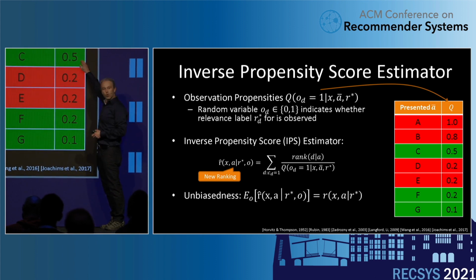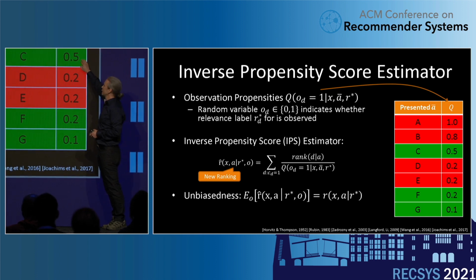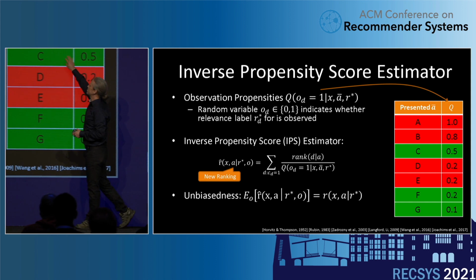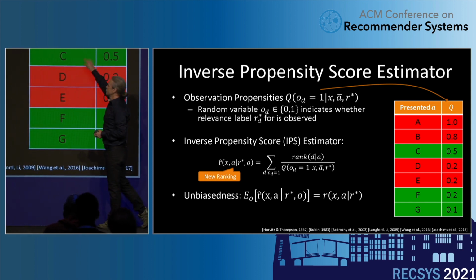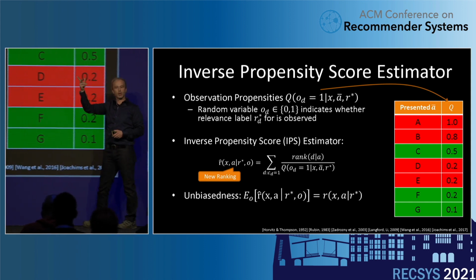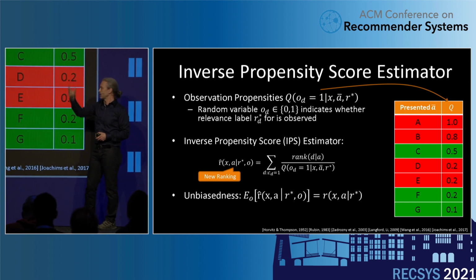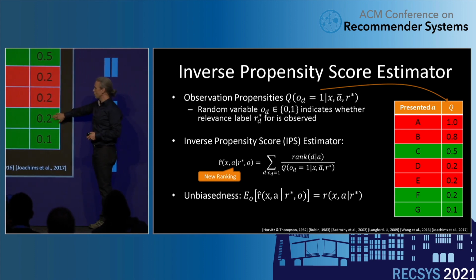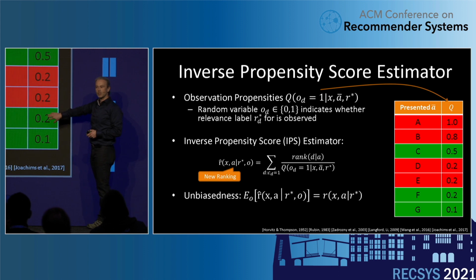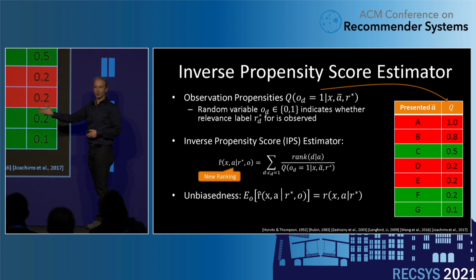If only half of the probability that the user goes here is only a half, every time we see a click on this result, we should upweight it by a factor of 2. And down here, if we see it only 1/5 of the time, every time we do see a click, we should upweight it by a factor of 5, right? And then in expectation, we got the right reward.